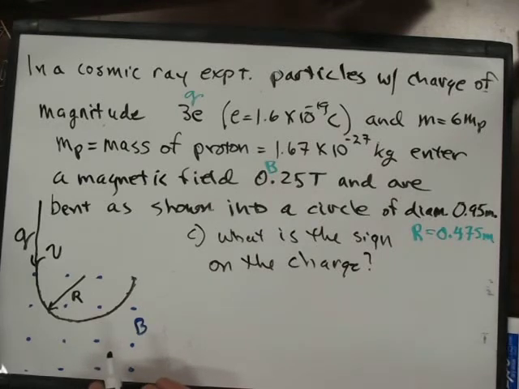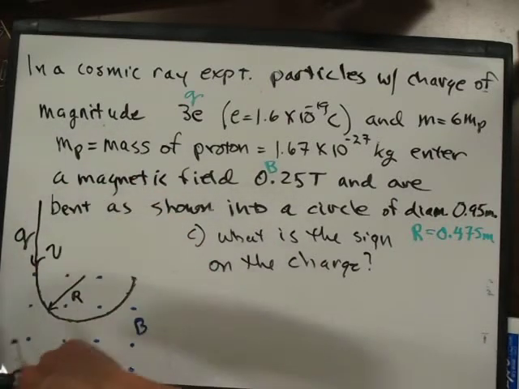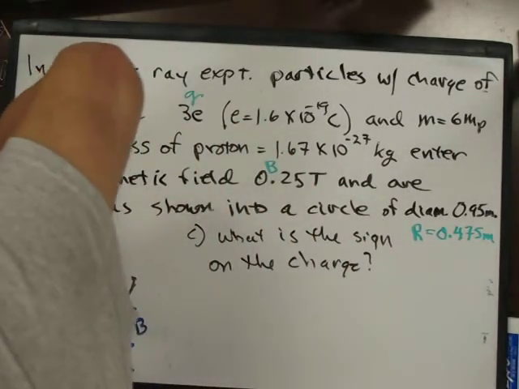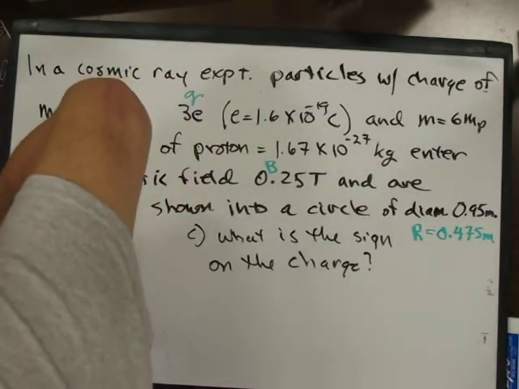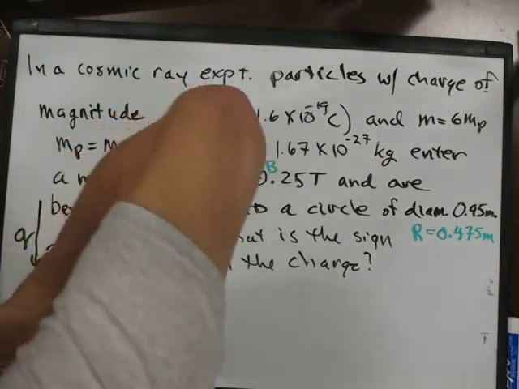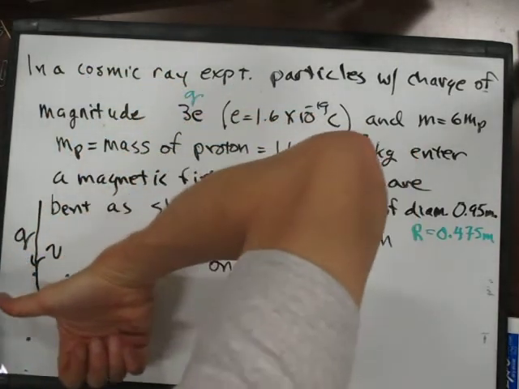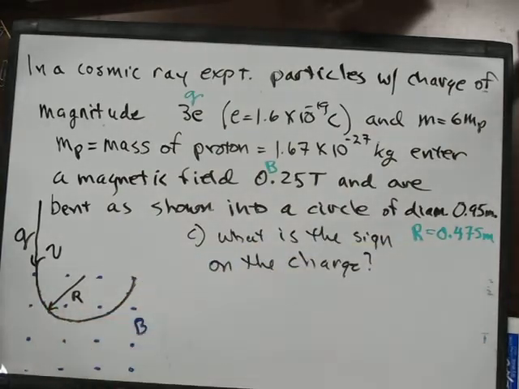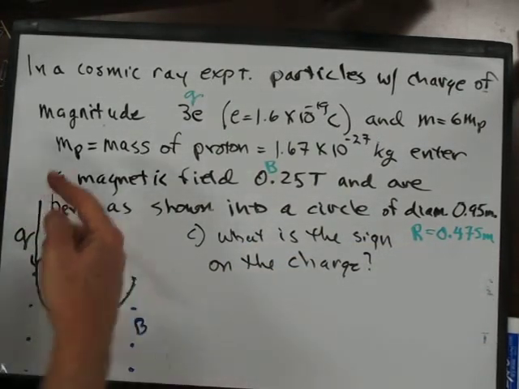Is it positive or negative? The way we answer that is by looking at the right-hand rule. If I was going to figure out how this charge went, I would put my arm along the velocity for the right-hand rule, and curl my fingers towards the magnetic field this way, and so I would get a force in that direction.